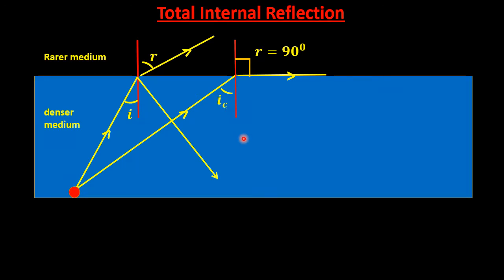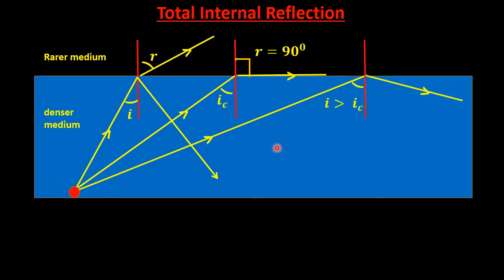Now what happens if we increase the angle of incidence beyond this critical angle? So here we consider the third case where the angle of incidence is greater than the critical angle, so I greater than IC. Then what we can see here is the ray of light which is incident at the interface will be totally internally reflected back into the same medium.